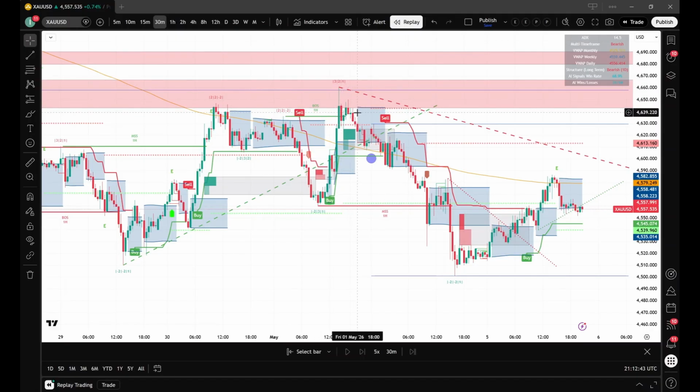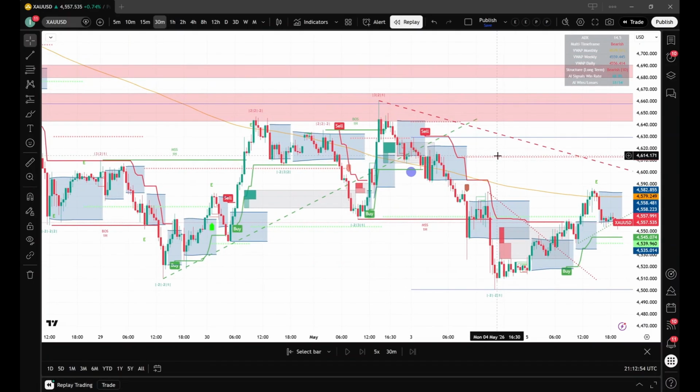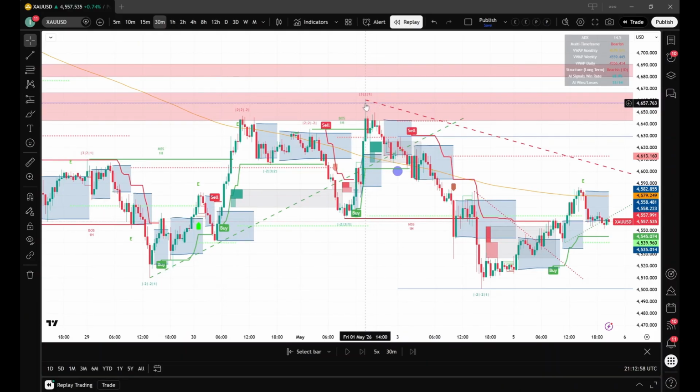Then we waited for a range break. So this would have been your range break here. You could have put your stop somewhere here, and then the trade continued in the correct direction. So you had a lot of confluence there. Initially you had a bounce and rejection off a bearish brain zone.